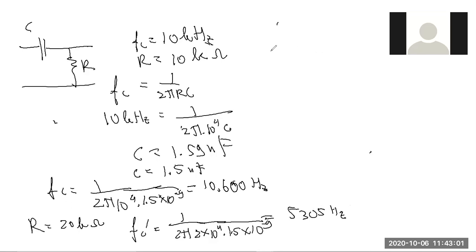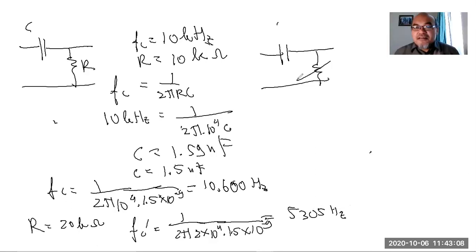So what we can do then is put a potentiometer, something like this. Let's say this is 20 kilo ohm. Instead of a fixed resistor, we have a potentiometer there, so we can vary the value between 20 kilo ohm and 10 kilo ohm to reach an Fc of 10 kilohertz.